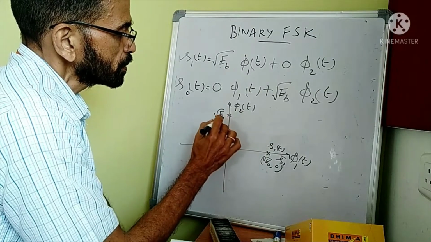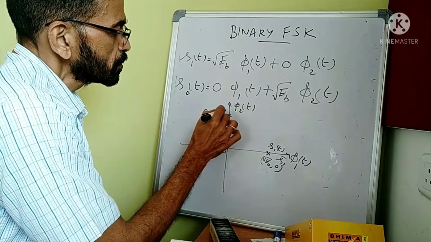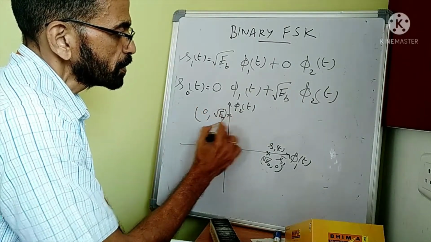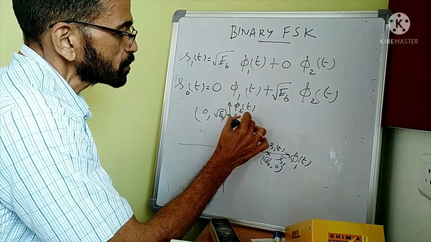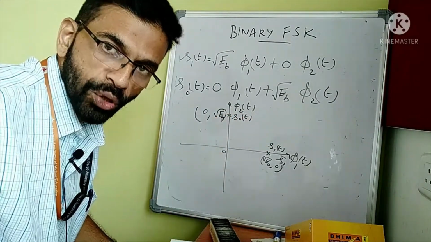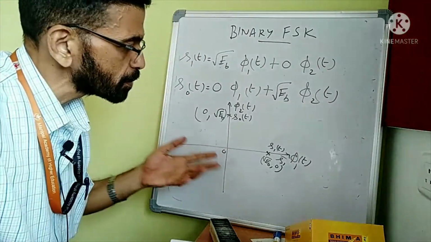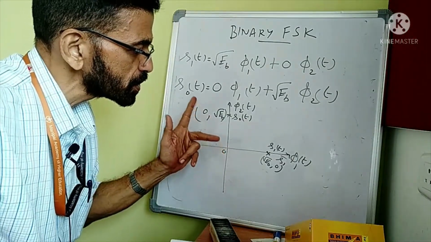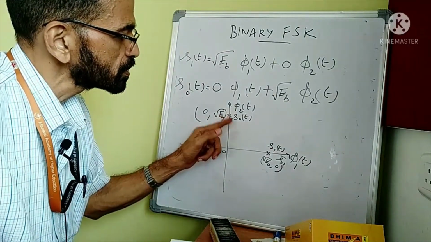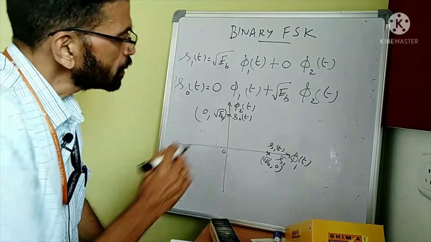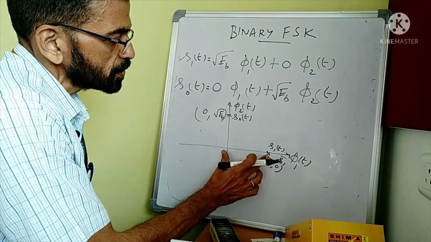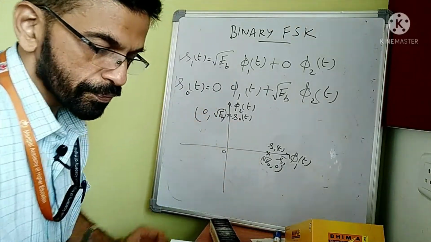So this point will be 0, root EB, and that corresponds to the signal point of the signal S0t. So this is how the signal space diagram looks. It will be a two-dimensional signal space, and the signal points look like this. And this will be root EB, this will be root EB.